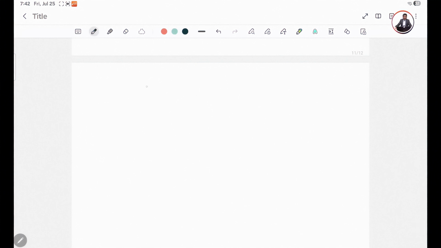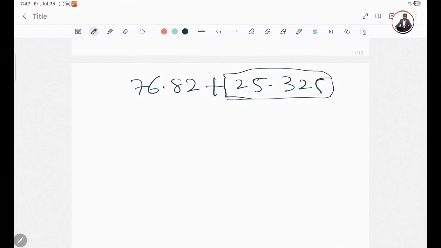So if you want to add 76.82 plus 25.325, first of all we need to write down this number first. 25.325. So remember, we always say digit by digit after the decimal point.